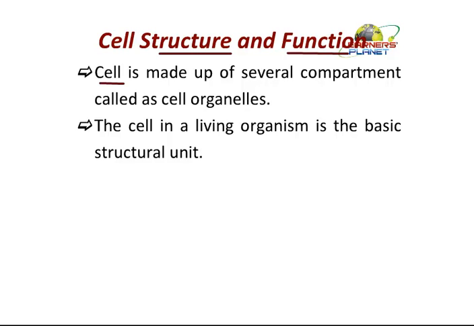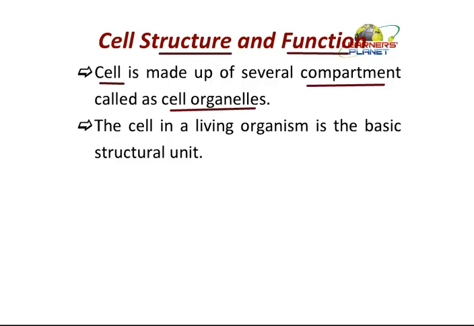Each cell is made up of several compartments. There are small units within these cells in which the functions are taking place. These particular compartments are known as organelles. Some examples you must have studied and heard about are mitochondria, chloroplast, endoplasmic reticulum, nucleus, vacuoles, and so on.